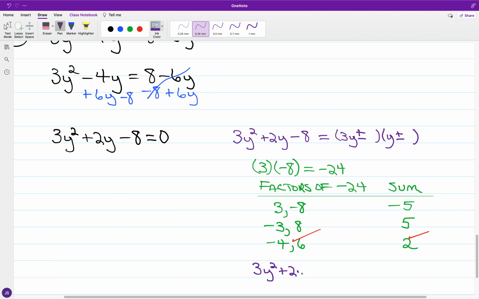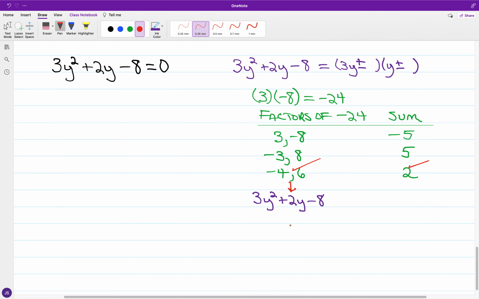For 3y squared plus 2y minus 8, we take what we got here and split up the 2y into variable terms with the coefficients of negative 4 and 6.